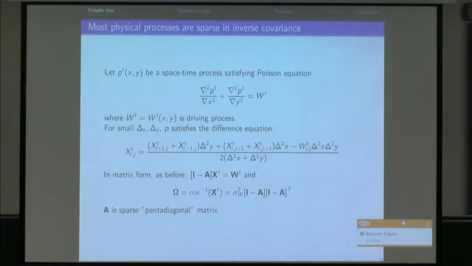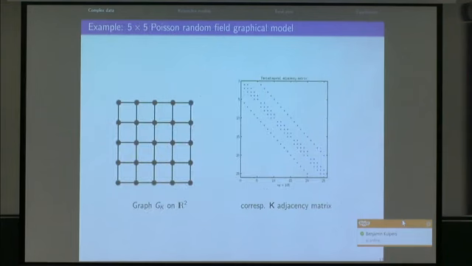The covariance is going to be the inverse of this sparse matrix. In this particular case, it's a pentadiagonal matrix because of the local neighborhood structure. This is just a graph representation that indicates the local dependency structure that defines the Poisson dynamics, and then the corresponding adjacency matrix that has this pentadiagonal structure.